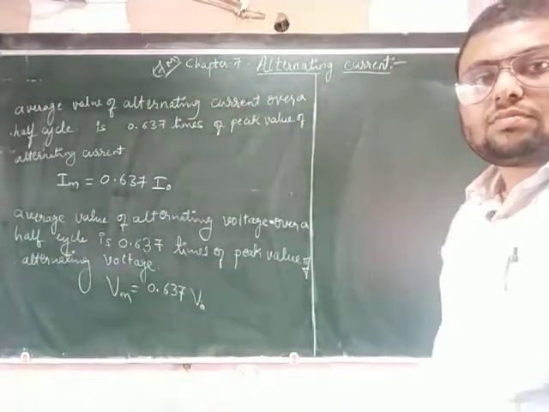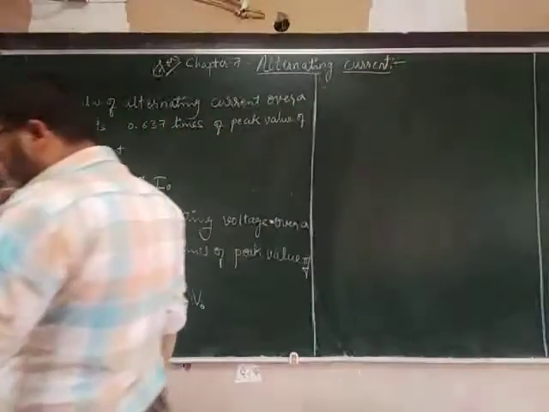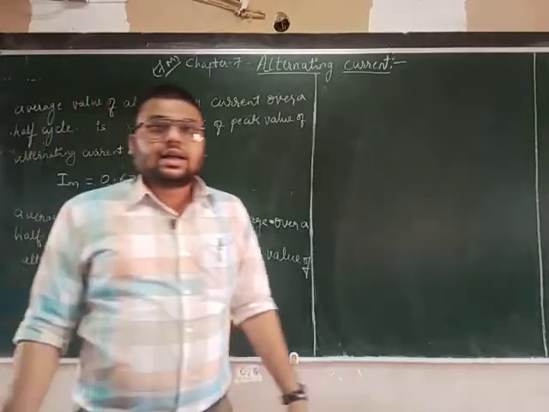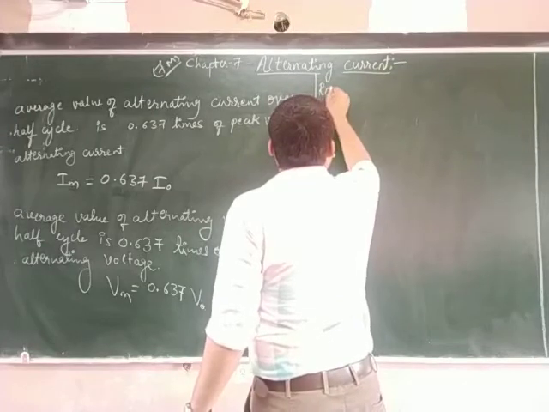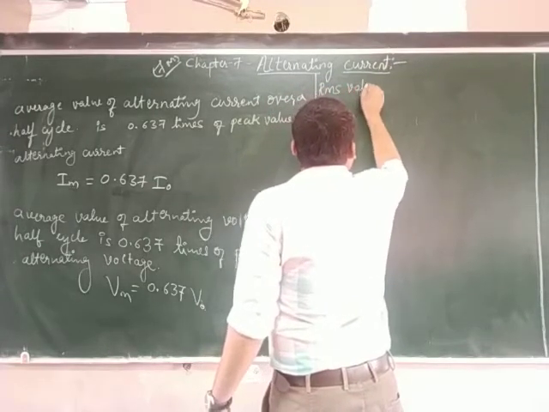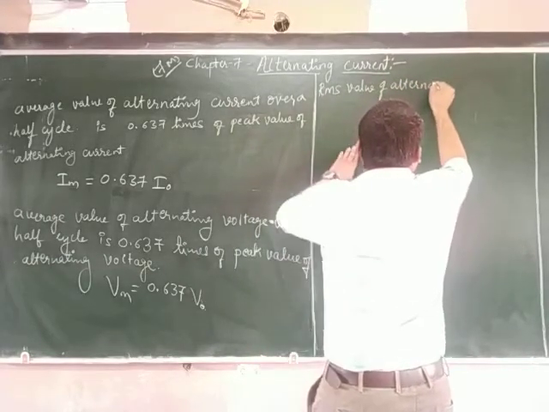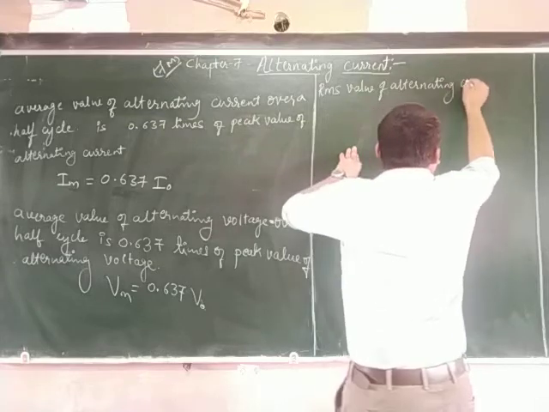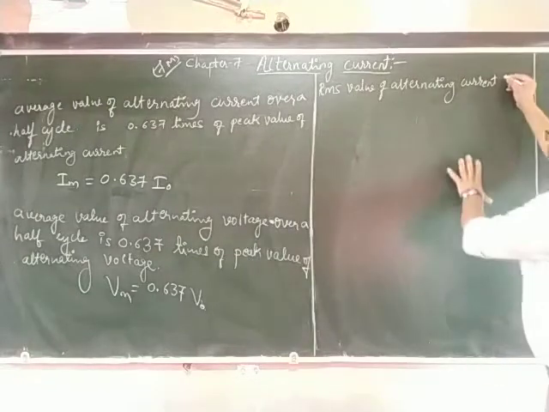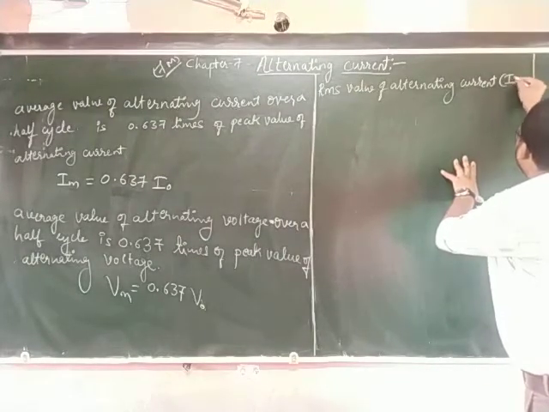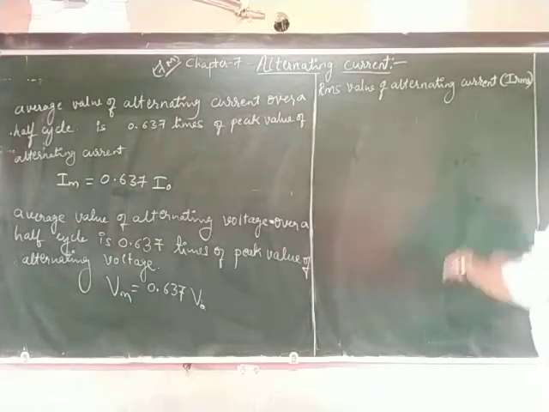Okay, next concept is the RMS value of alternating current, which we can represent as I RMS.